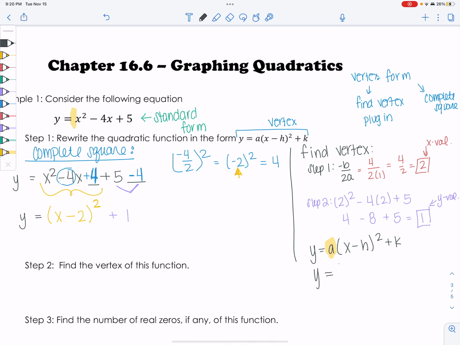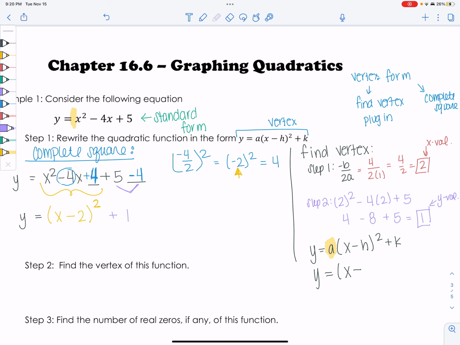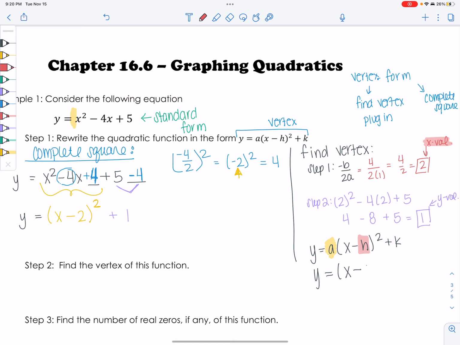Y equals x minus h, where h is the x value, which is 2. Now I have that minus sign as part of the equation, so I can't change that. So I've got x minus 2 squared plus the y value, which is 1.